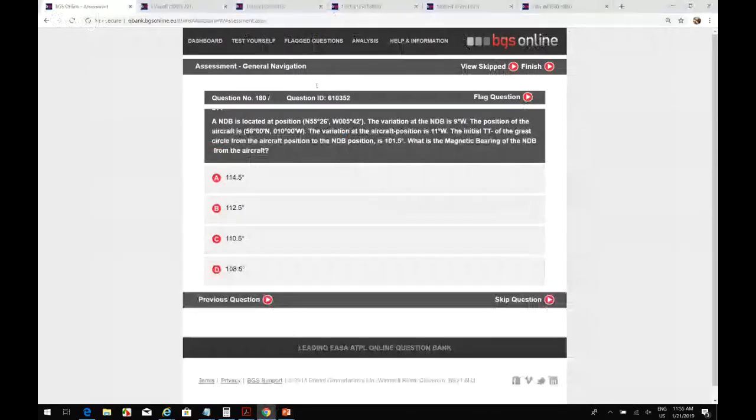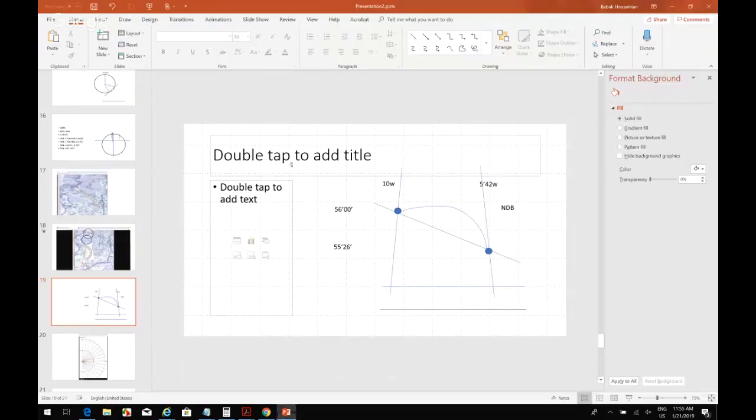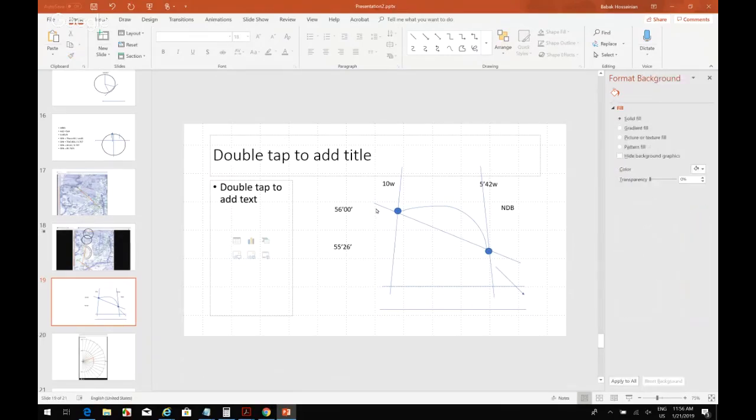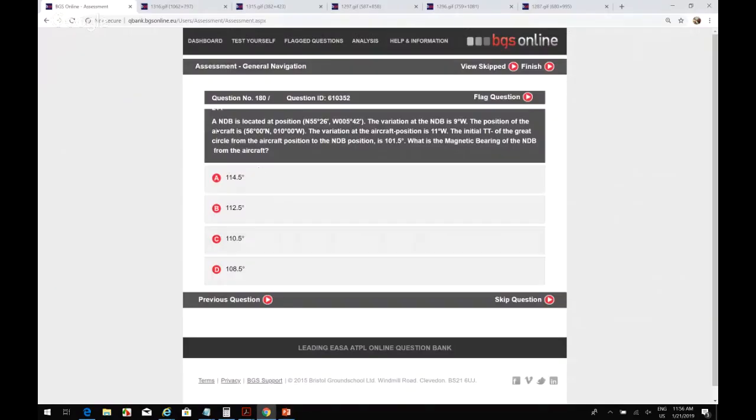So the initial true track of the Great Circle from the aircraft position to the NDB. So go in this direction, that direction. So NDB is that.